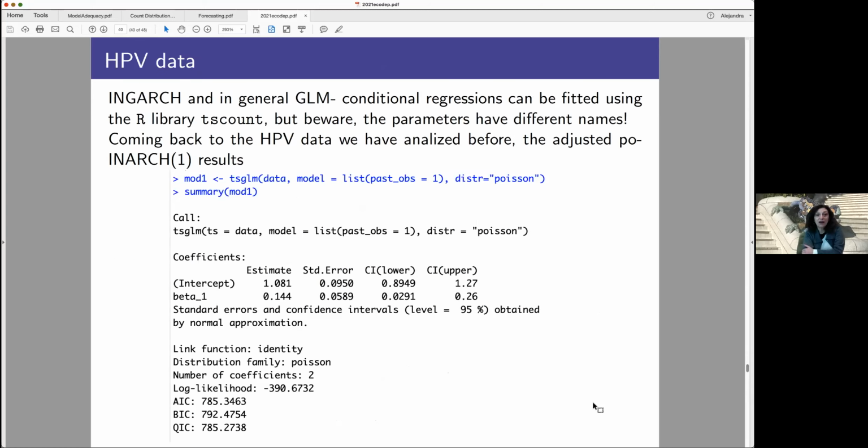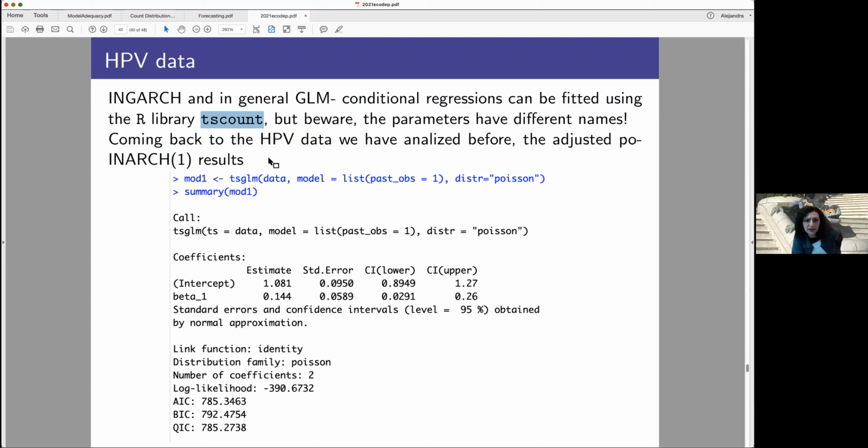But okay, what happens with the data we have been studying before in this setup? Well, conditional regressions are very easily fitted because there is an R library that does the trick. It's a library by Fokianos and associates. The name of the library is tscount, and it's kind of easy to use.